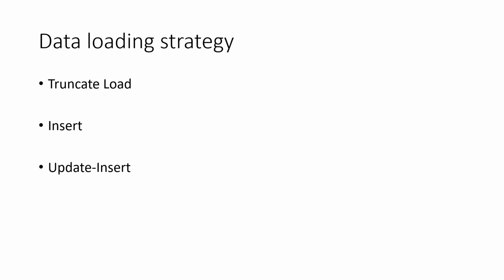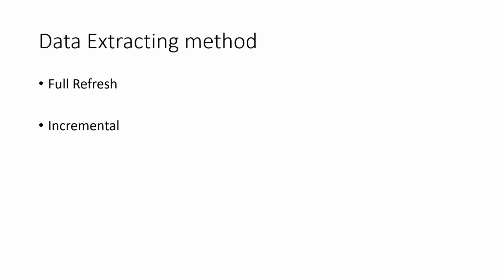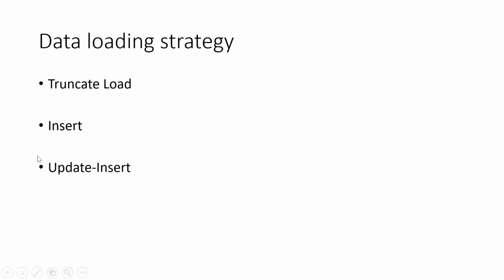Now, if we go ahead with incremental data load, we can go either way. Either we can go ahead with insert, so whatever new records we receive, we insert them. Or we can go ahead with the update and insert method. In short form, it is called upsert.